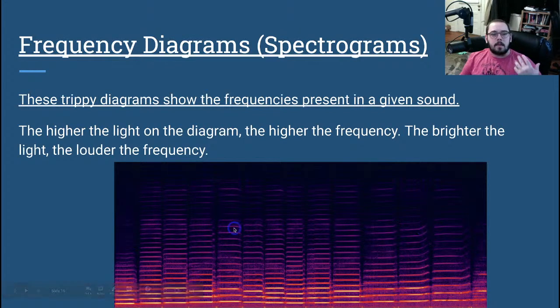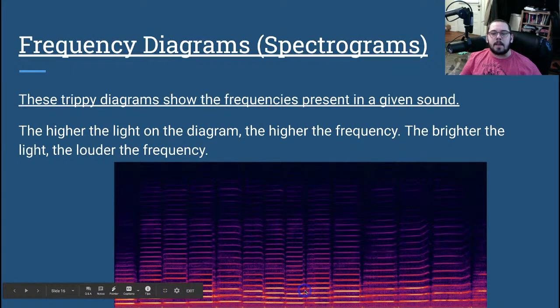All right. So as you go, the height on the graph is the frequency. So seeing things way up high indicates a higher frequency than seeing things down below. The brighter the light indicates the loudness, or there's more of this frequency.